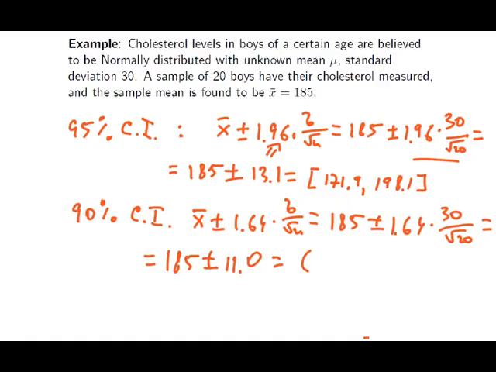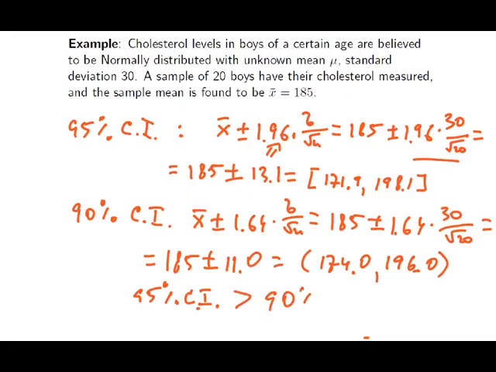Or this can be put like 174.0 on one side, 196.0 on the other side. So this is the 90% confidence interval. As we can see, the 95% confidence interval is wider than the 90% CI. The 95% CI is larger than the 90% CI.